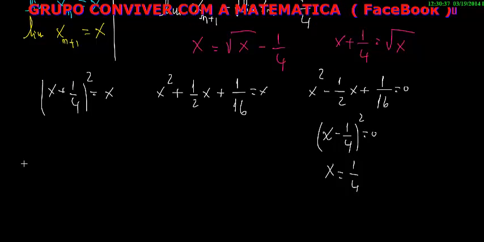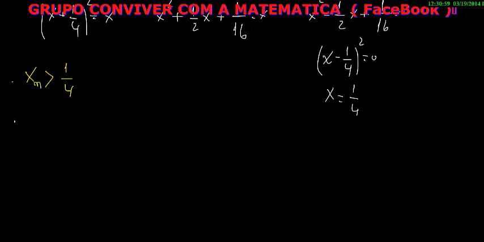If this sequence x of n is greater than 1 over 4, and I mean with this that the sequence is bounded below, and also if the sequence is always decreasing, I mean that x index n plus 1 is lesser than x index n, then I can say that the limit exists, and if the limit exists, it must be x equals 1 over 4.